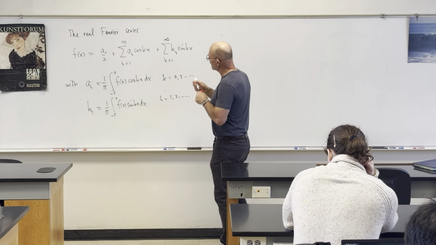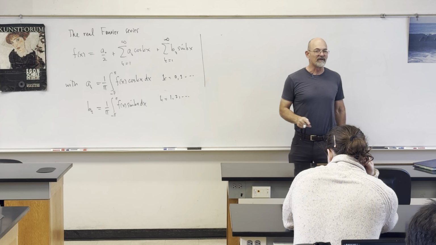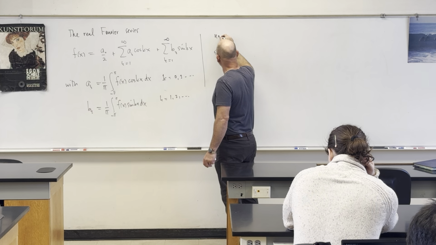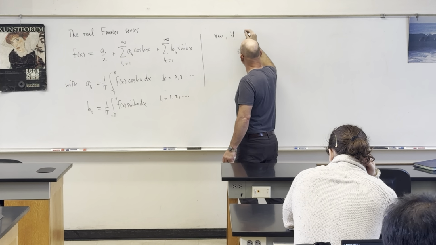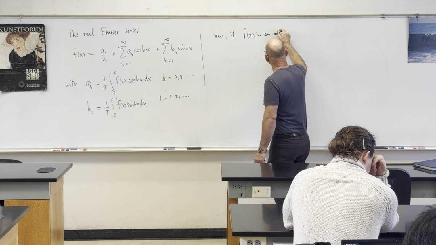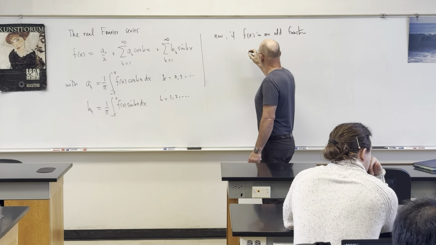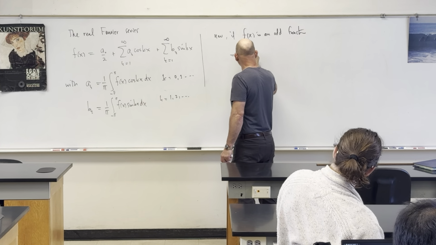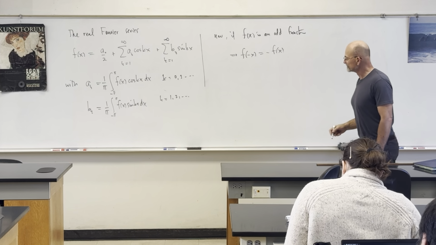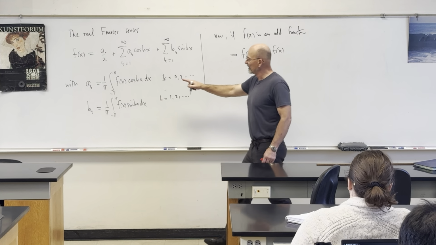Actually, now we have these theorems. Let's go ahead and state this business with the odd and even functions explicitly. Okay. So we have the real Fourier series. Now, if f of x is an odd function, and that means f of negative x is minus f of positive x, then what happens to these a sub k's?